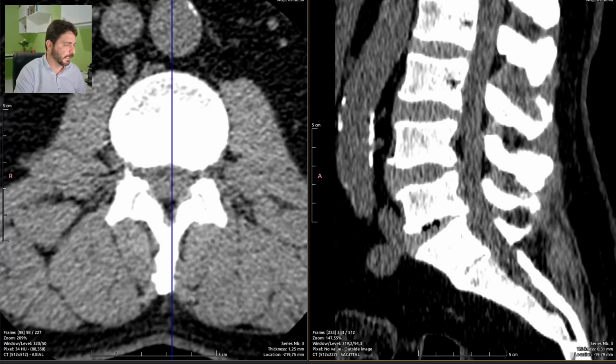So let's just report this very particular and painful disc herniation. So there is a protrusion on L3, L4, wide base, that reaches the foramina.